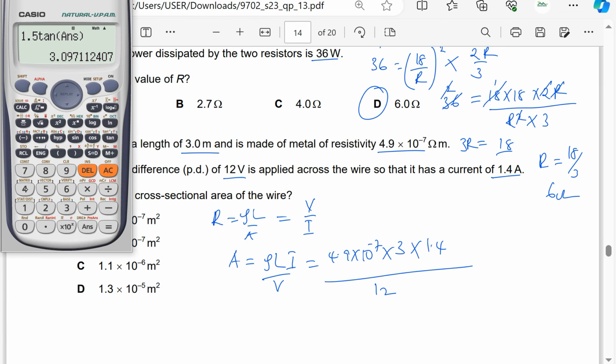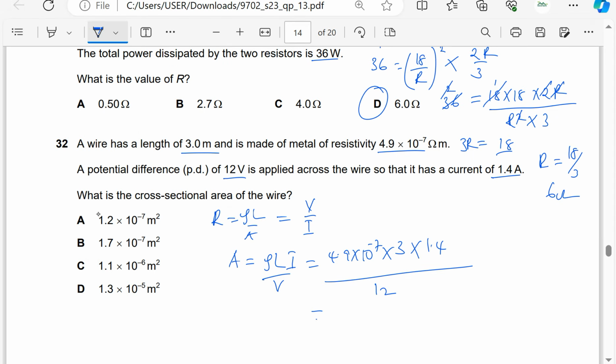So from my calculator, it's 4.9 exponent minus 7 times 3 times 1.4 divided by 12. So this is 1.7 times 10 power minus 7 meters squared. So the answer is going to be B.